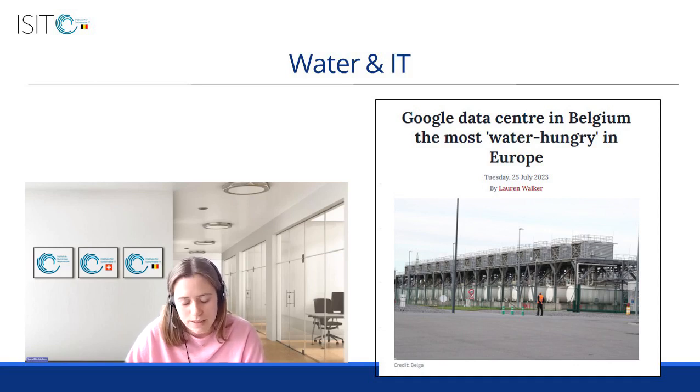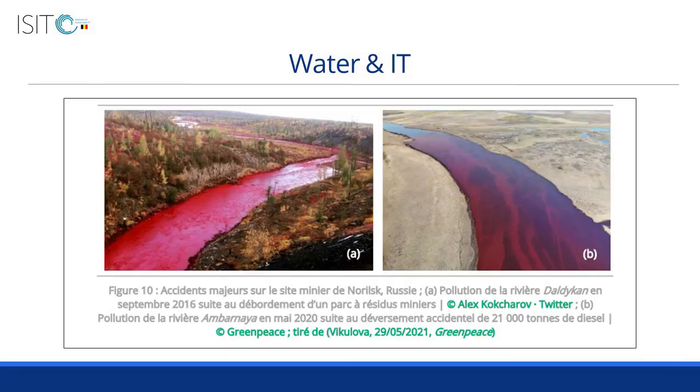Other indirect negative consequences of the manufacturing of IT are, especially in the manufacturing and production phase, the mining of it and the consequent pollution of water, as you can see here on the left, polluted rivers in northern Russia.